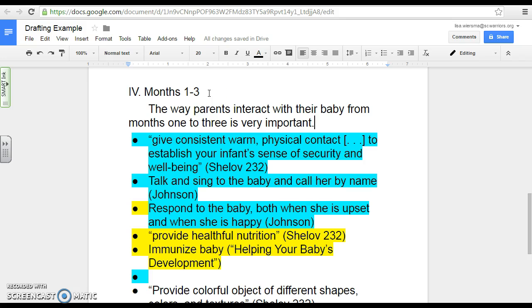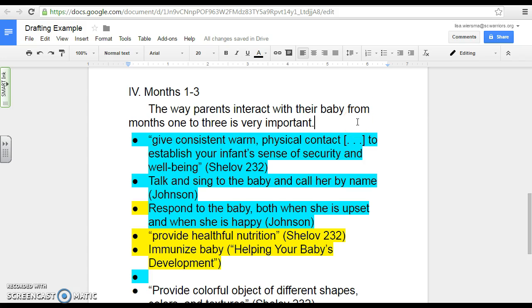Now at this point, this is the first paragraph I'm writing, even though it's in the middle of my paper, so I don't know what my transition will be. I don't even know if this sentence will stay my topic sentence, but that's okay.